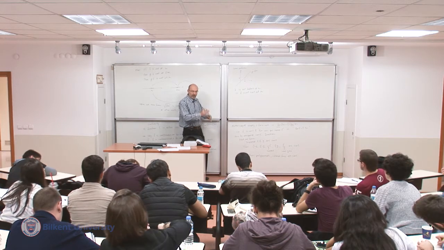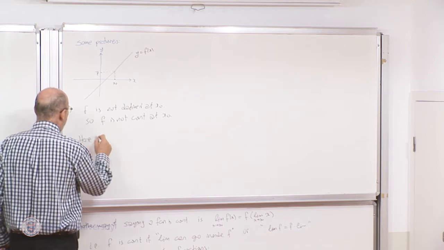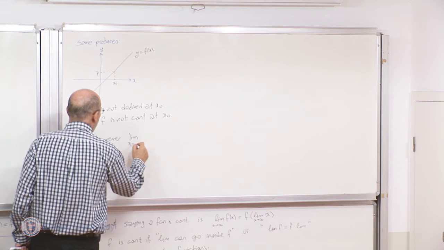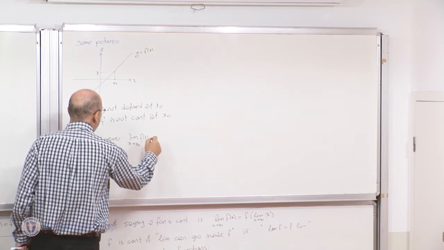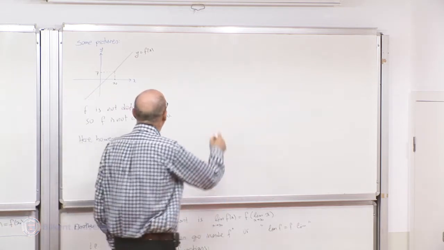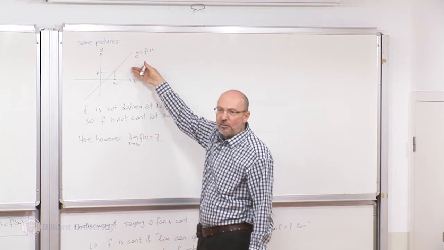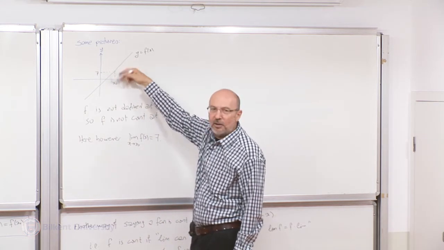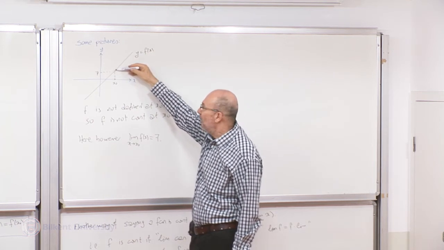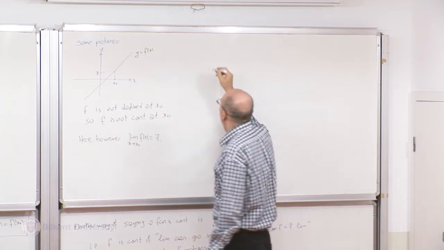Then you check if it accepts that value continuously. Here, however, the limit as x goes to x sub 0 of f of x exists, and in the picture it is equal to 7. These are simple examples, but in real life complicated examples, only the graph will be complicated, and you'll again have a hole somewhere. If corresponding to the hole you don't have a value, the function is not defined.